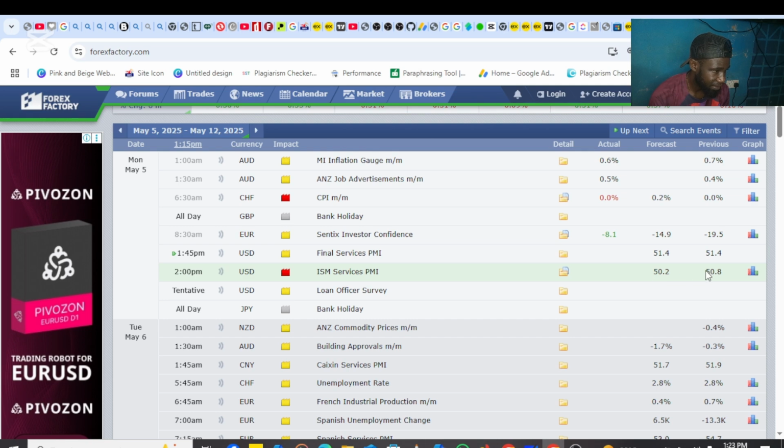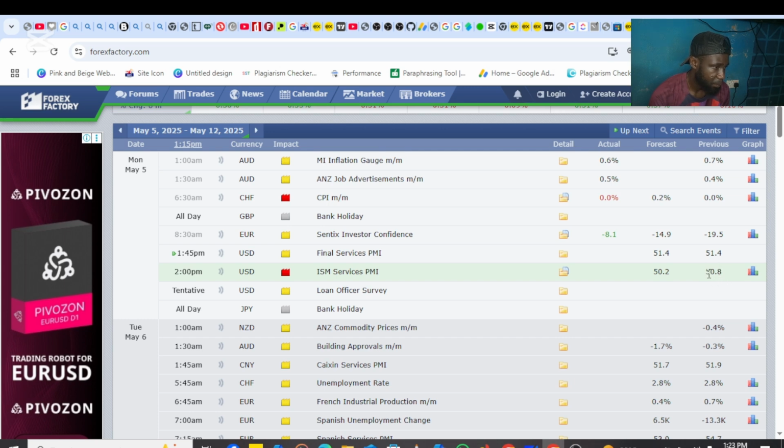This figure you are seeing over here simply means 50.2 is the forecast. We are expecting the news to be lower than the previous figure, which is 50.8.